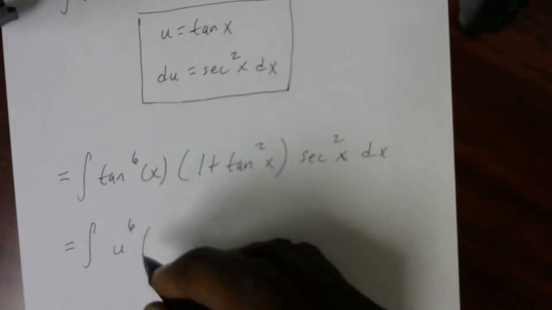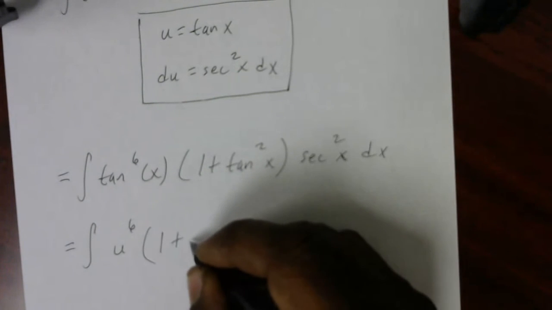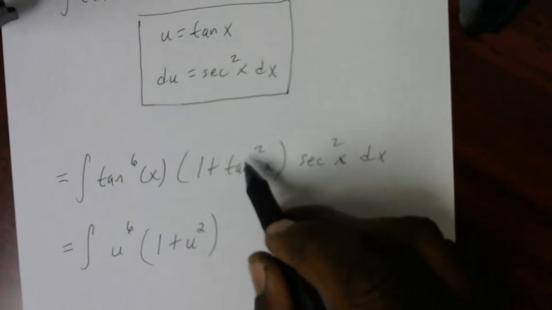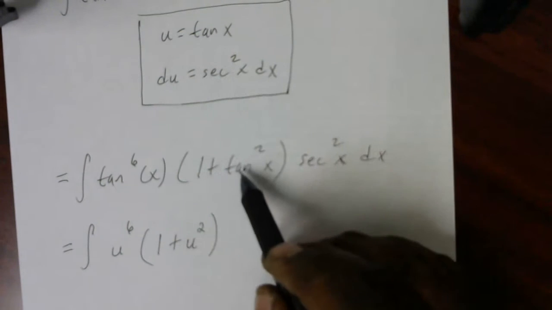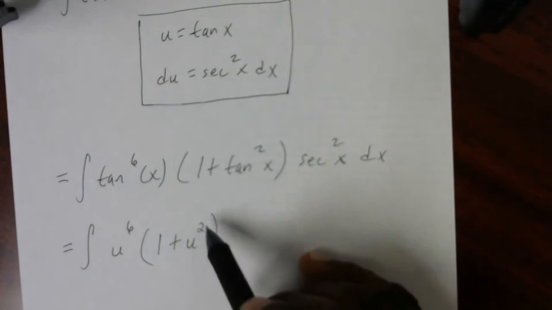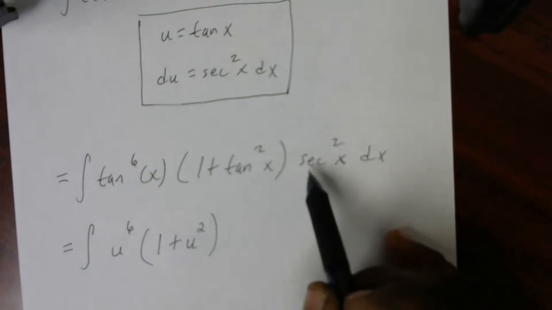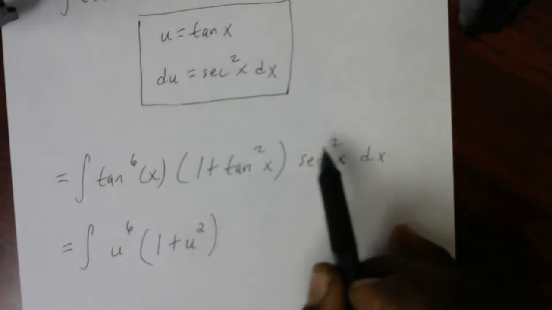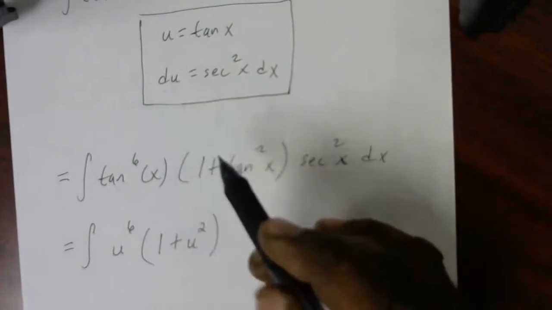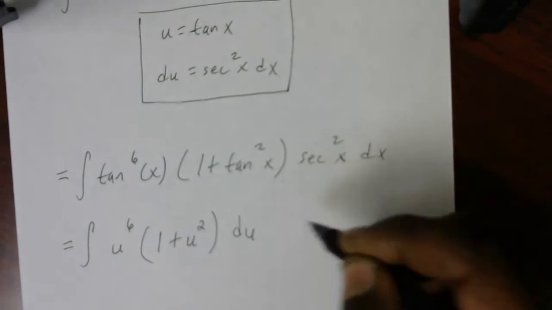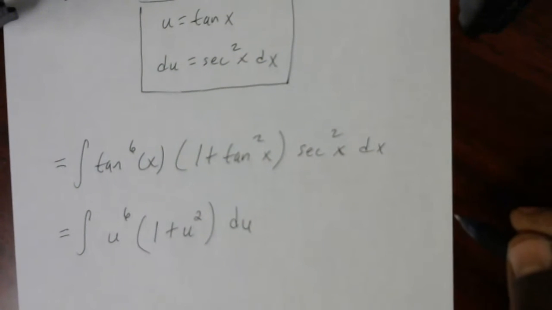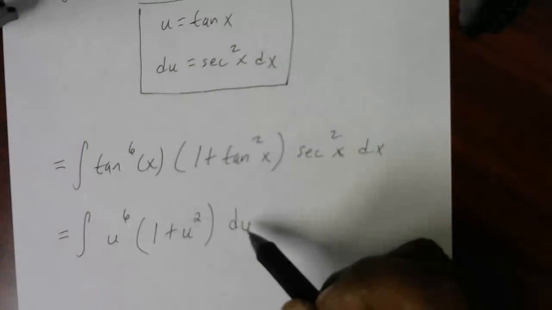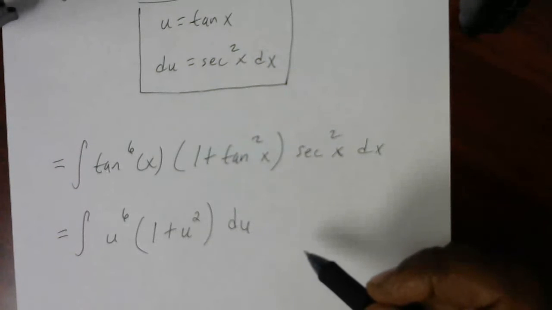I can rewrite this second factor as 1 plus u squared, right, because we're substituting u for tangent, so tangent squared is u squared. We can substitute secant squared x dx for du. Right, so we have everything written in terms of u and du.